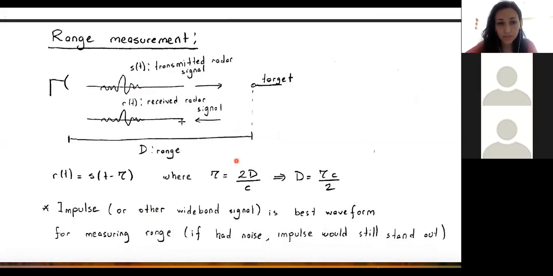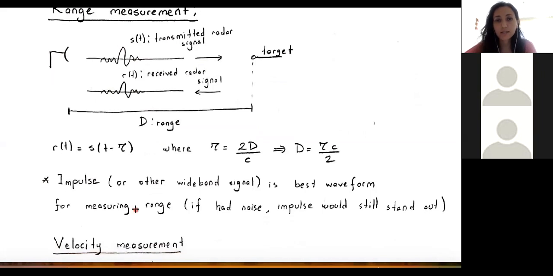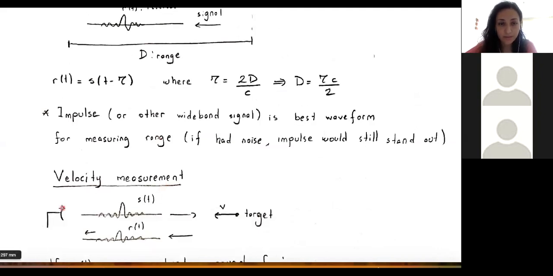That's for measuring range. Let's understand also how we measure the velocity of a target using a radar signal. Again, we have an antenna that transmits a radar signal, S of t. It hits a target. Our target is now moving. Let's call its velocity v. It's moving toward the antenna, toward the radar system. And again, we're going to have a signal transmitted and then reflected from the target, and we're going to get R of t.